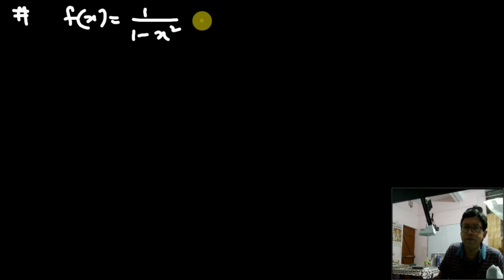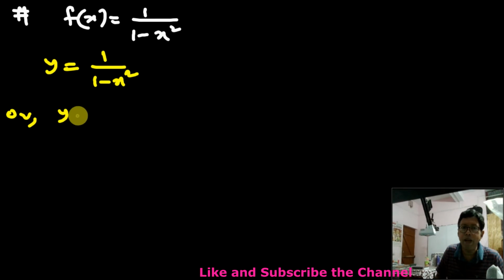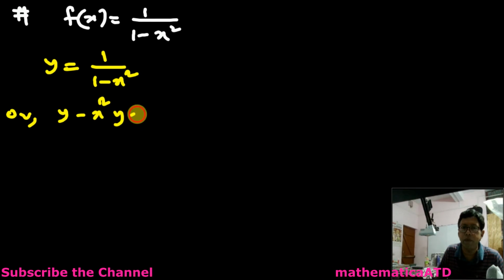So the function is f of x is equal to 1 divided by 1 minus x square. First of all, you consider it as y is equal to 1 divided by 1 minus x square. So cross multiply to get x. So this is y minus x square y is equal to 1.